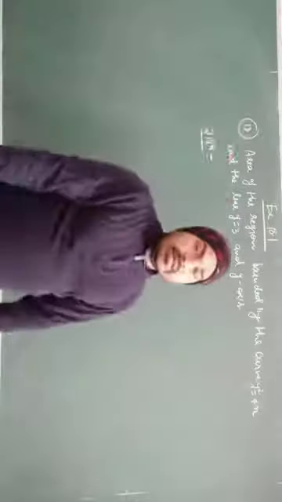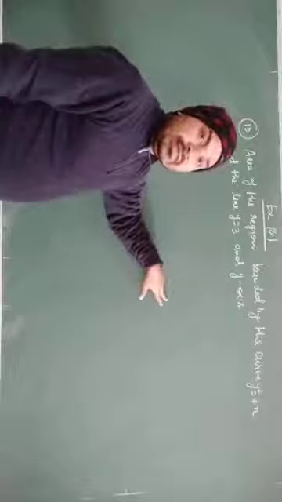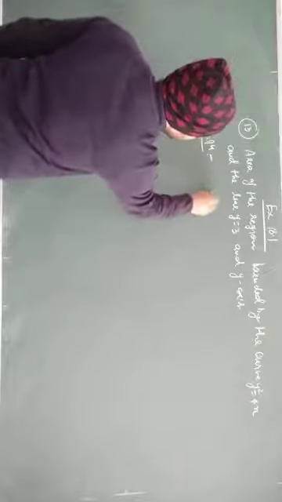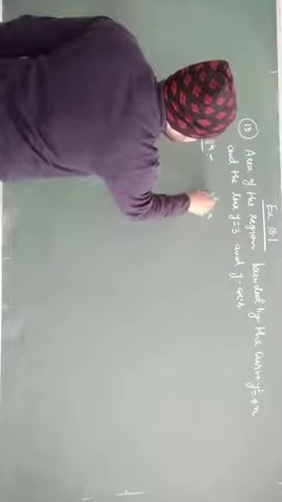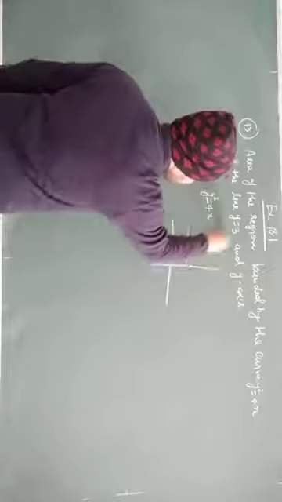After getting the question, the first step is to find the required region whose area we have to find. The area of the region is bounded by the curve y square is equal to 4x. For positive and negative values of y, x is positive, so the parabola is in this form.